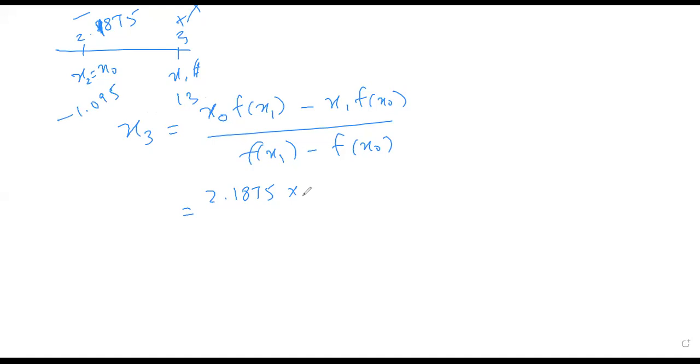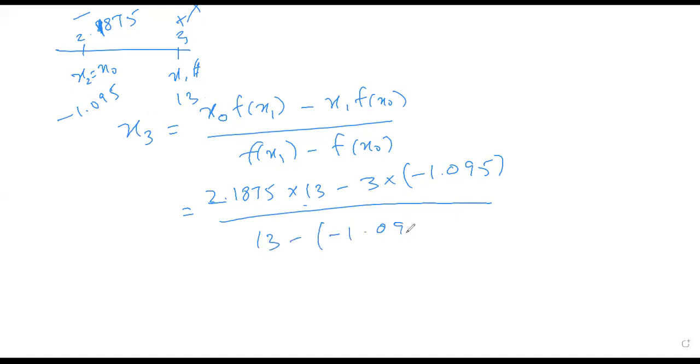So this will be 13 minus x1, x1 is 3, times negative. Wherever you find negative signs, you better use brackets, so it will help you reduce your errors. So this minus this, 13 minus 1.095. So give me this answer. X3 is.